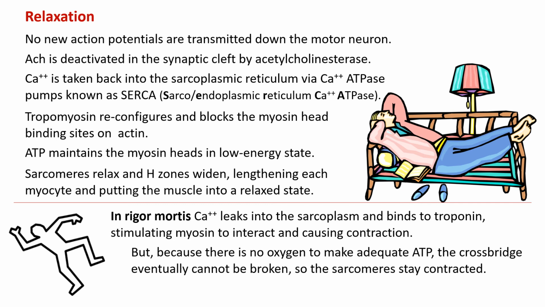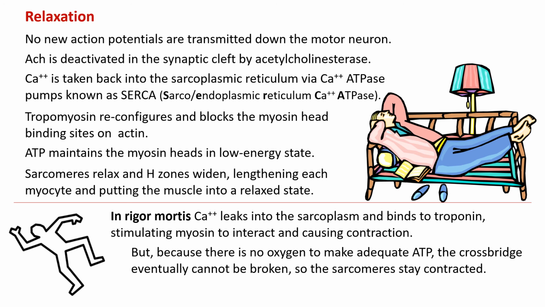But the problem is, eventually, the myocyte will run out of ATP because there's no oxygen coming in, because the person is dead, they're not breathing. So we have hypoxia, there's no oxygen to make adequate ATP. Remember, most ATP is aerobic. It needs oxygen.